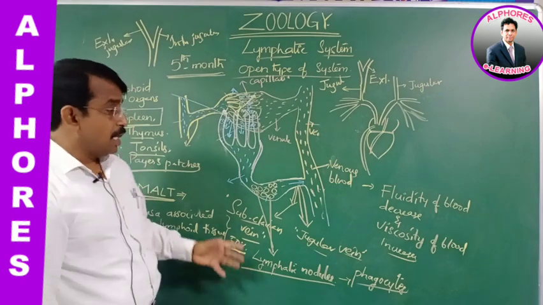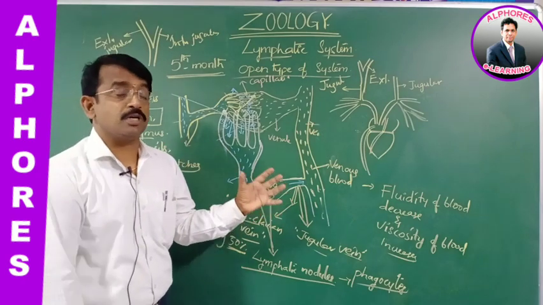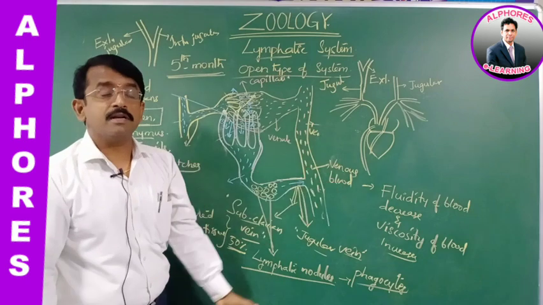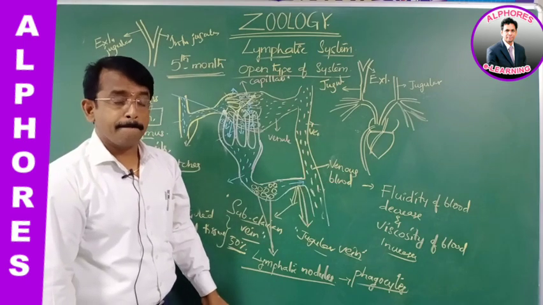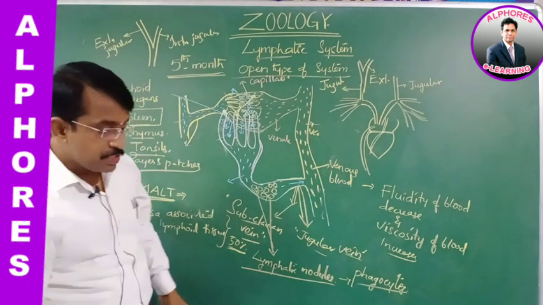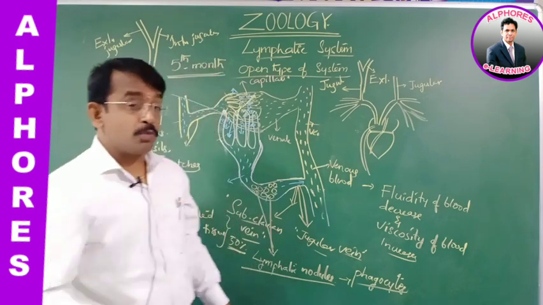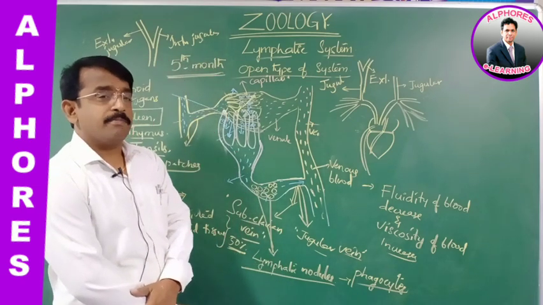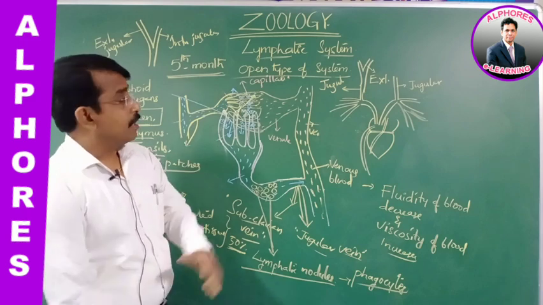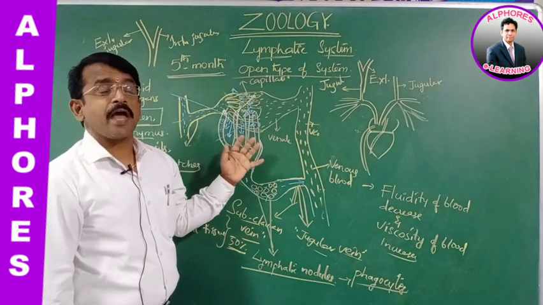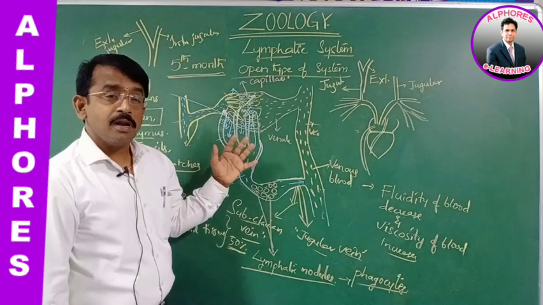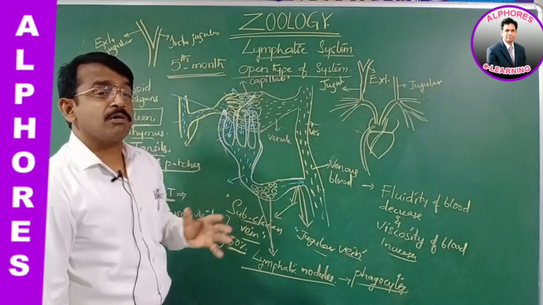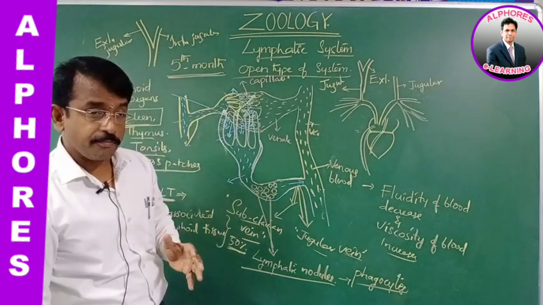So this is how we show the differences between the blood and lymph. One more point you must remember: not only is RBC absent in the lymph, but blood platelets are also absent.